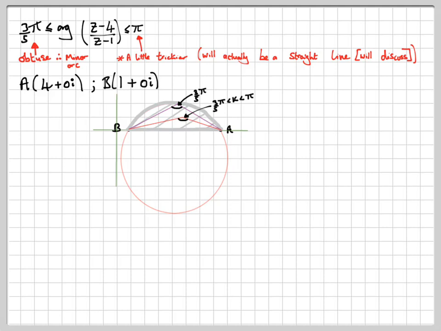If I choose a point in between, then it should be fairly obvious that as you can see in the diagram, the angle, this time I've called it k, will be greater than 3 pi upon 5, and it will certainly be less than pi radians. And furthermore, if I choose a point on the line segment AB, then it should be fairly obvious that I actually have pi radians there. So that gives us this as the desired loci.